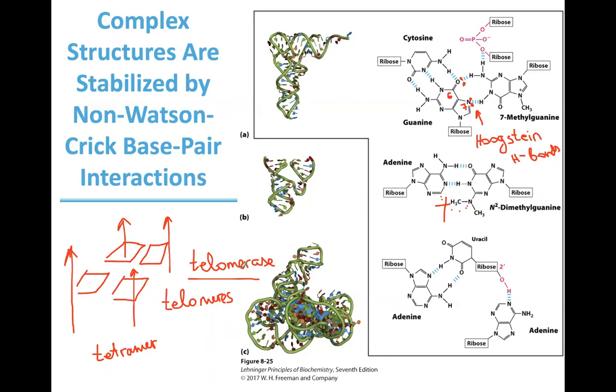Obviously, if you inhibit the enzyme telomerase, then the tumors will stop growing because the telomeres will become too short. And you see, this is all based on this tetramer, on the particular form of DNA which is present in the human genetic system. All right, so that's what I wanted to say about the other types of base pairing.